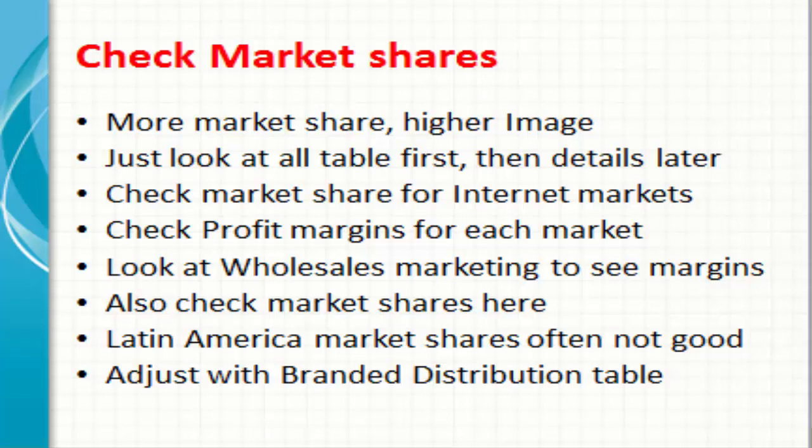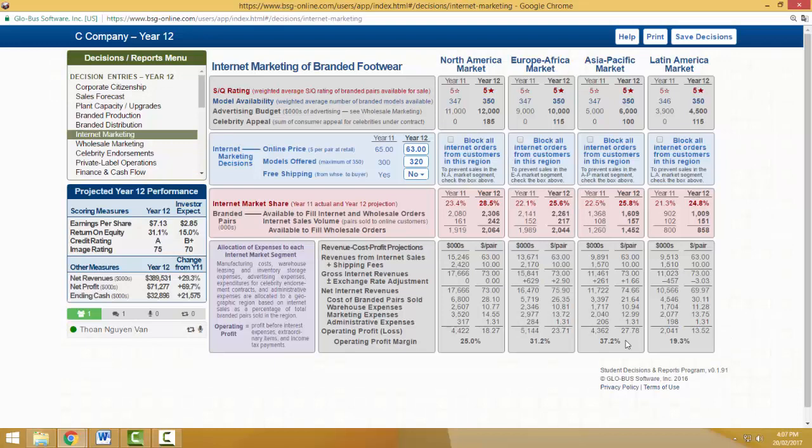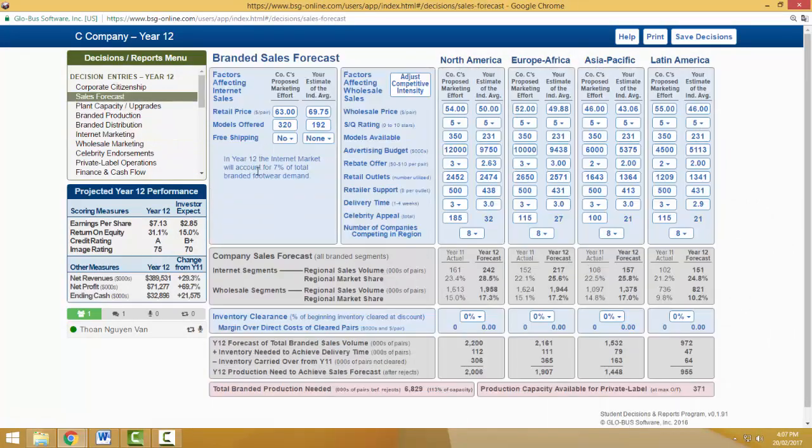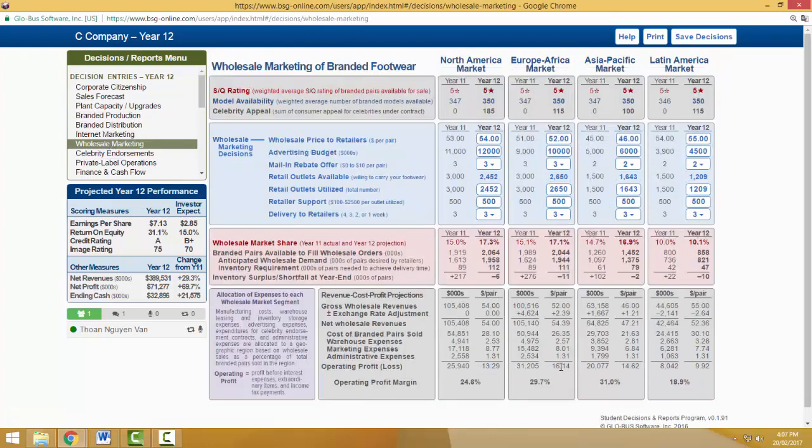The operating profit of a pair of shoes sold online is the margin here. It looks so good, right? Anyway, we remember that this market accounts for only 7%, but it is good for us to get some high margin in this internet sale, or e-commerce activity.